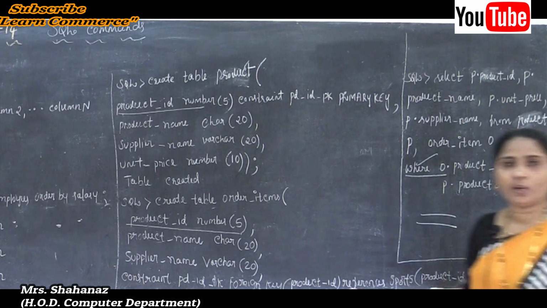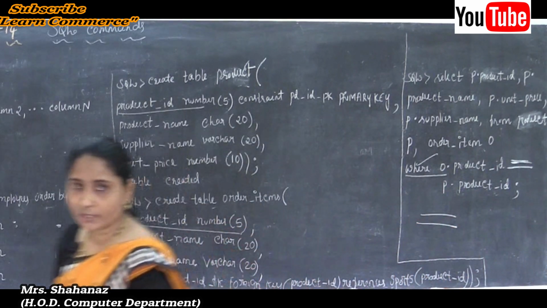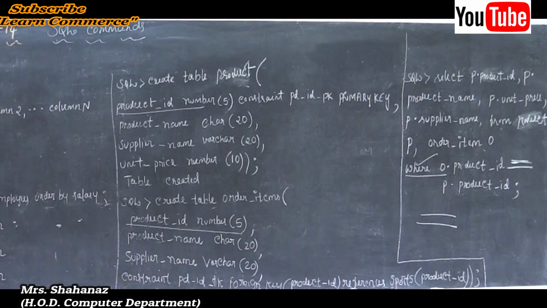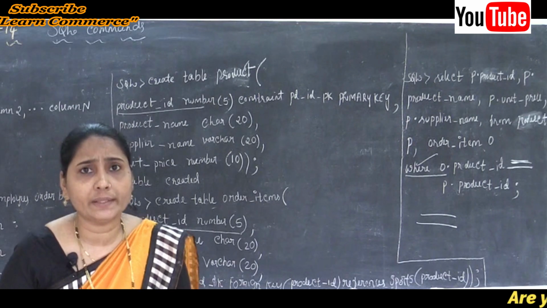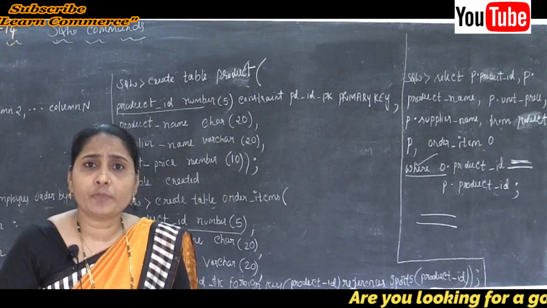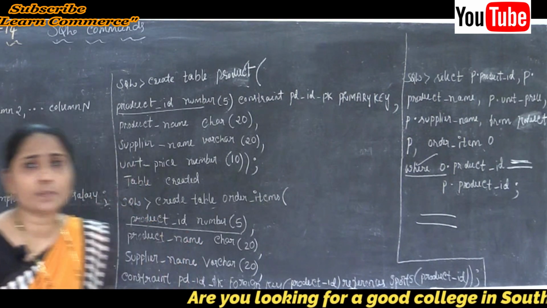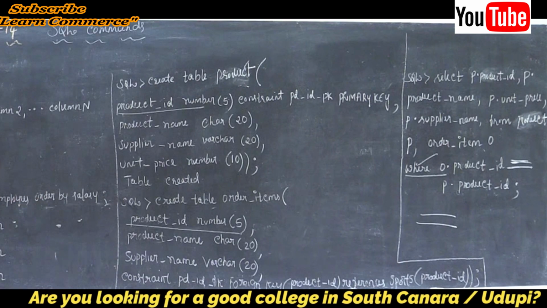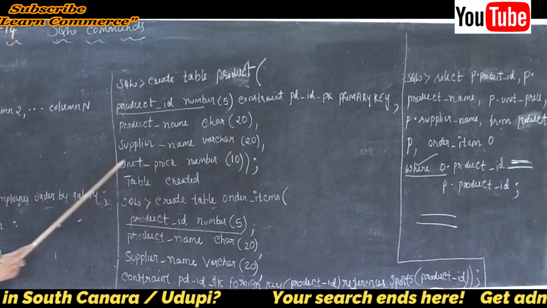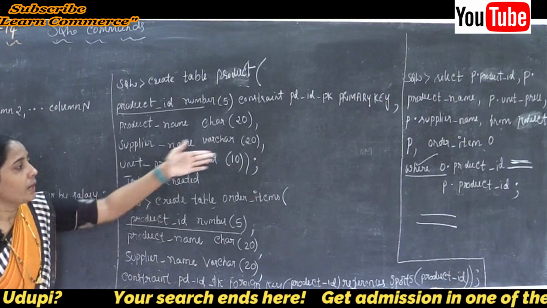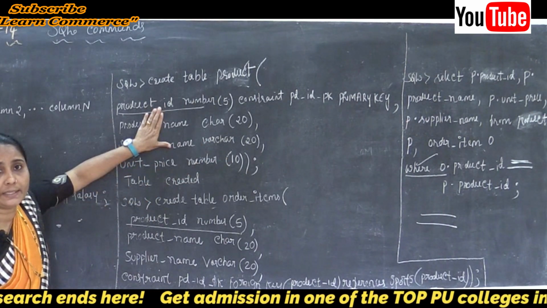So this is the meaning of the join clause. Clear this example? Why? Because in our joins we know the meaning of the join. The join clause is used to combine the columns from two tables. So this is the meaning of the join clause here. And now, before going to combine, first of all I created the table.